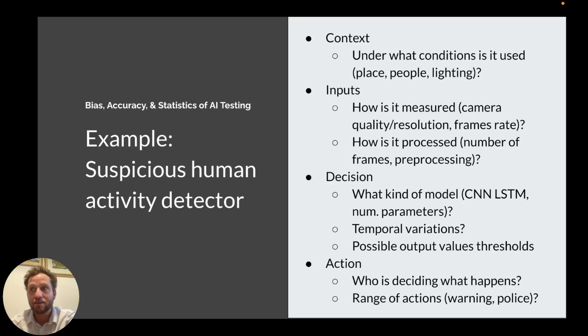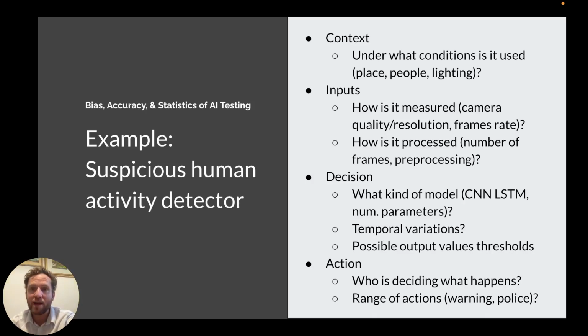Is it probabilistic, or is it a static model where you're going to get the same result for the same input? Or is there some sort of probabilistic element to it? And what are the possible output values that you could get? Is it just a binary 0 to 1?